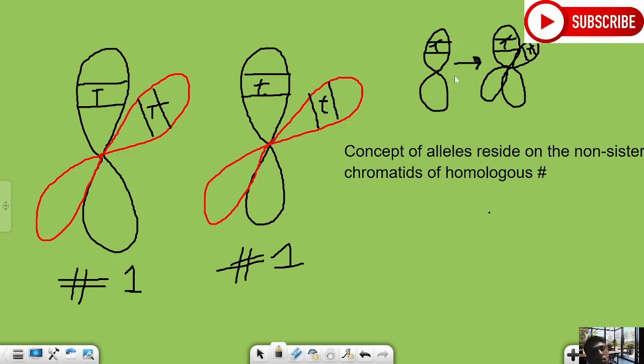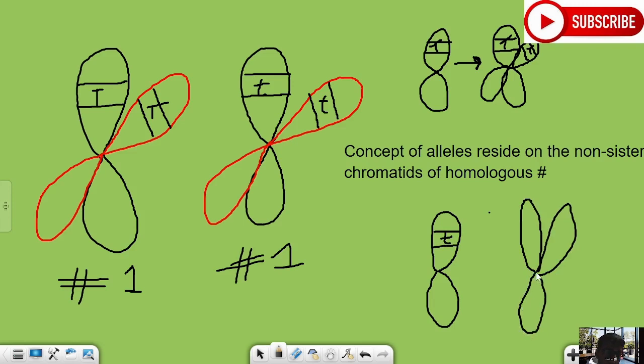Okay, so this is the case of capital T. What about the next chromosome? The next chromosome will have small t. So after replication, the chromosome will be divided into two, with an exact copy of the gene here. This is small t, right? This is the condition after replication in S phase.